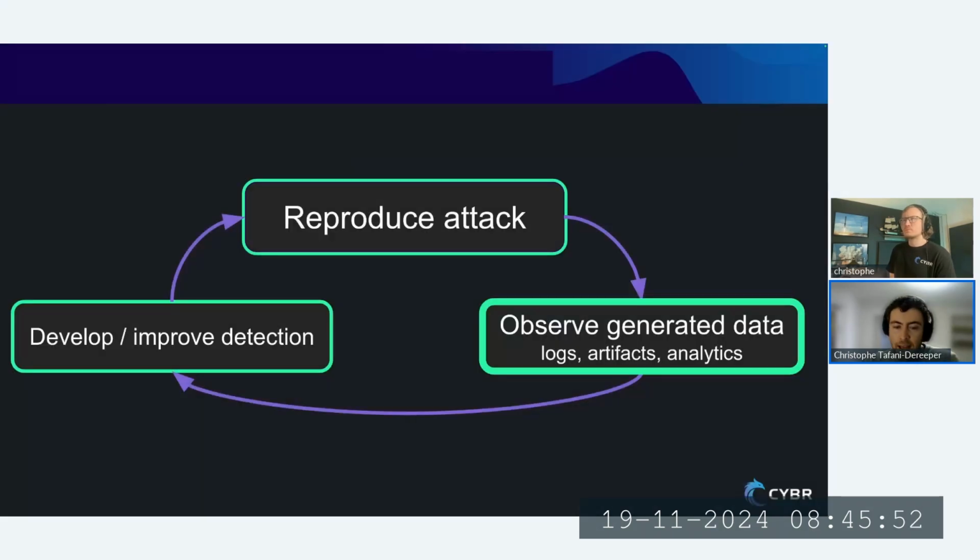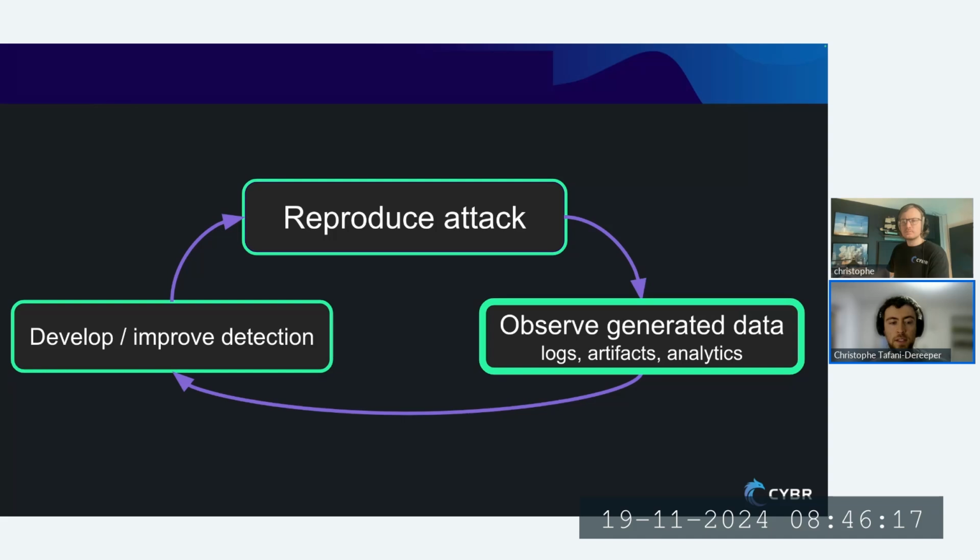And some people might disagree or have a different mental model, but generally, I see it as a three-step methodology where you start by reproducing an attack that you want to detect, so you actually trigger it. Then you look at your logs, your metadata, your net flows, whatever you have, whatever product, whatever tool you have. And finally, you say, okay, I see this event, this log, this thing.